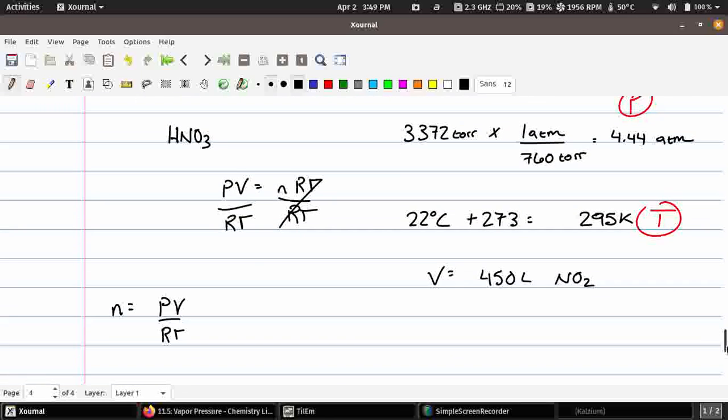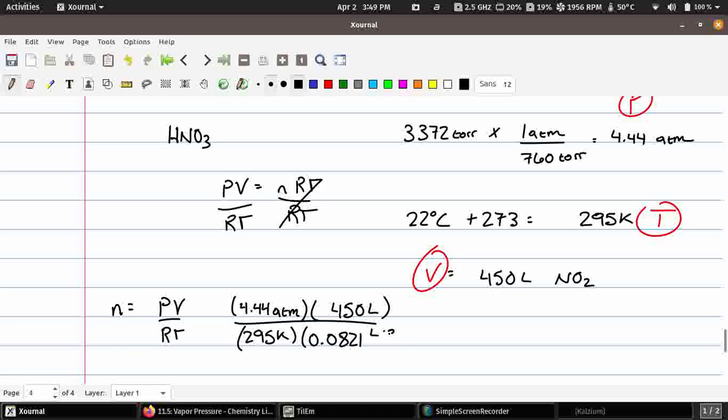So let's plug that in. We have 4.44 atmospheres times 450 liters, divided by 295 kelvins times 0.0821 liters times atmospheres over moles times kelvins.